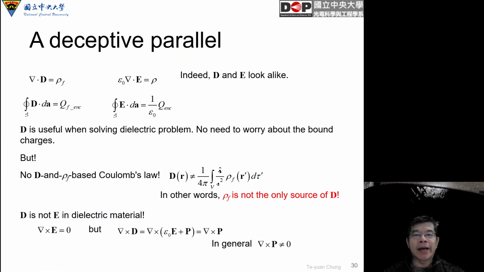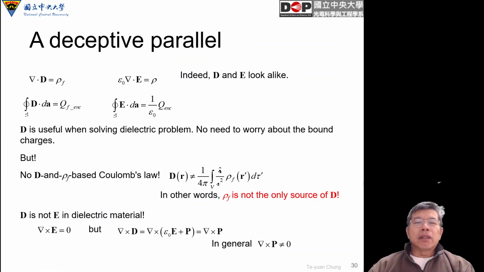Okay, now, because we have the relation that we see in the electric field, we take the divergence, we get the total charge density. And when we take the divergence of D, we get the free charge density. So this is something very similar. We are quite attracted by this property.